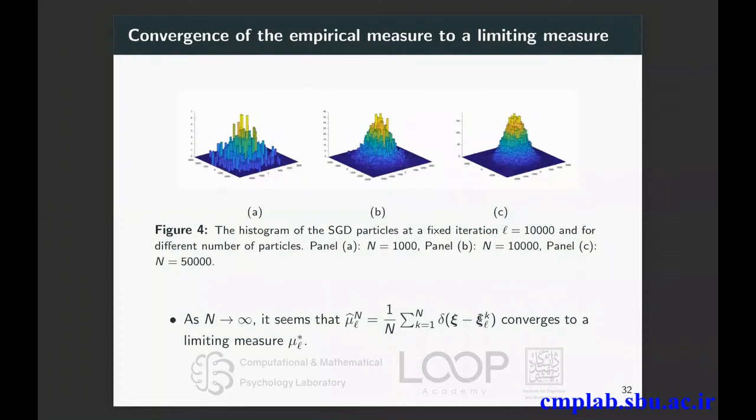These are the particles from SGD. I can compute the empirical measure of these particles. And from the plots, I can see that when the number of particles goes to infinity, this empirical measure converges to some limiting measure. And the question is, can I characterize this limiting measure?